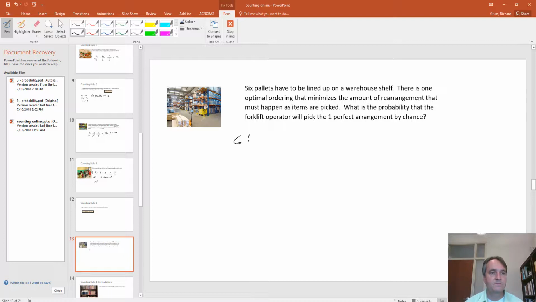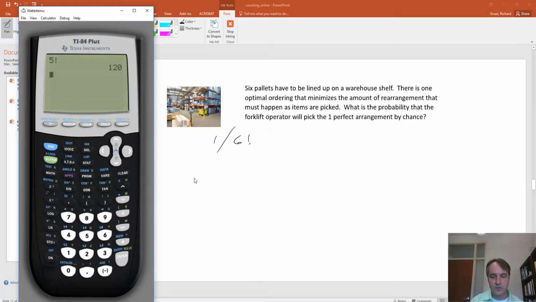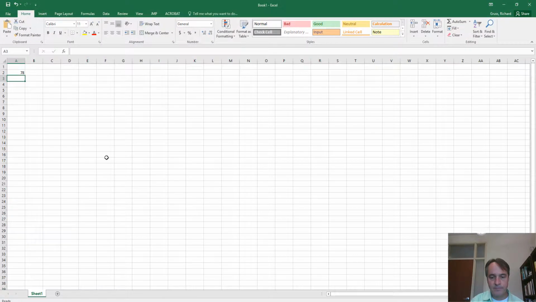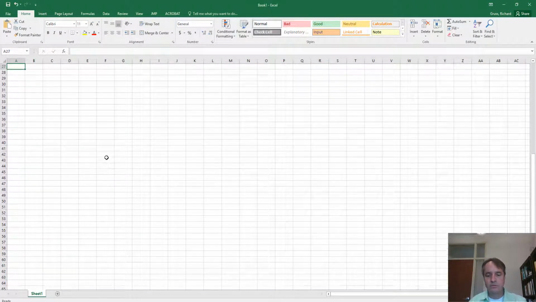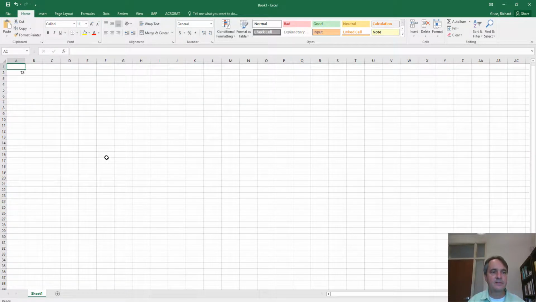Okay, so it's just 6 factorial. That's the number of arrangements, and so the probability would be 1 over 6 factorial. So very quickly, just for variety, let's go ahead and calculate it in Excel. Excel will also let you calculate factorials. It's just fact, and then there's only a single parameter, so it's like this.